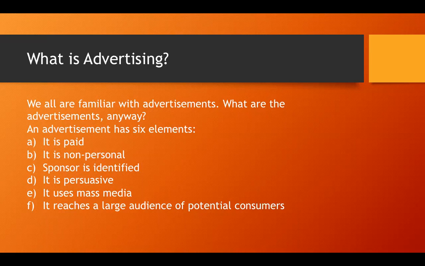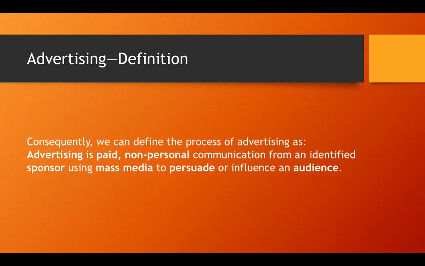The sixth and last point here is it reaches a large audience of potential consumers. Again, I think this is related to the non-personal communication element that we have already discussed at length. So advertisement is a form of activity that wants to reach a large number of potential consumers, possible consumers, you can say. Let's move on to the next slide.